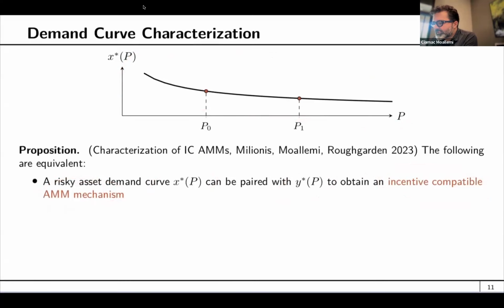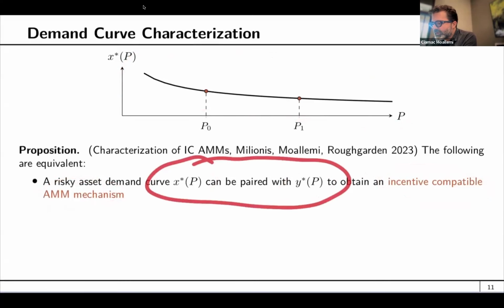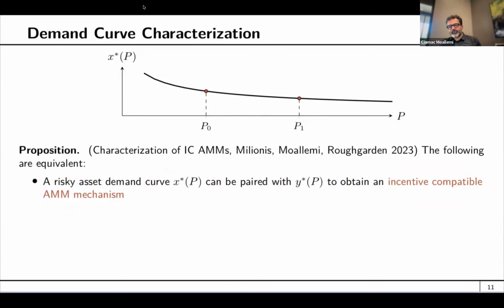What do I mean by that? What I mean is, if I give an incoming trader a menu of options defined by X star of P, Y star of P. In other words, rather than telling me what reserves they want to go to, they decide what price level they want to go to. Will it be incentive compatible? Will it be the case that an incoming trader who values the risky asset at price P actually moves me to the state X star P, comma, Y star P, right?